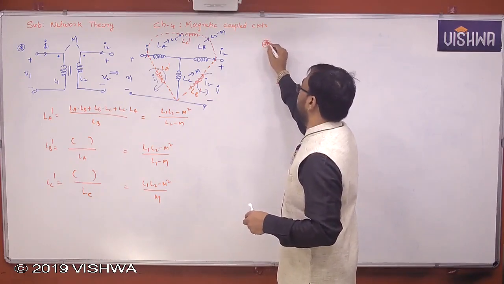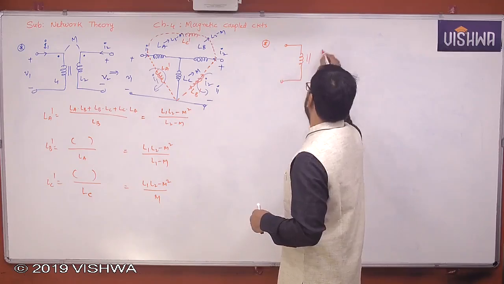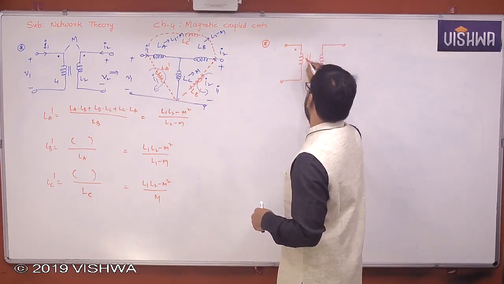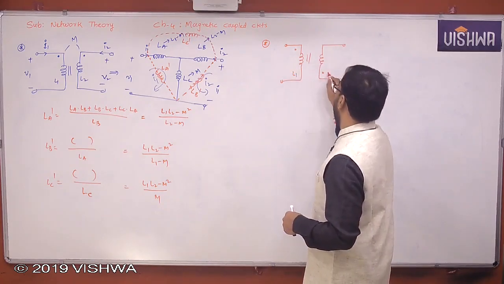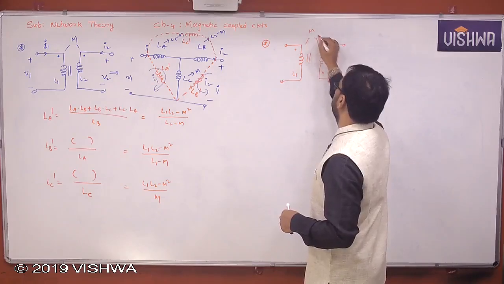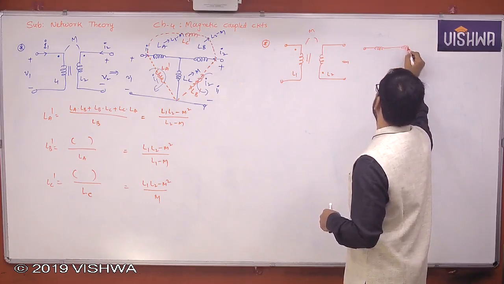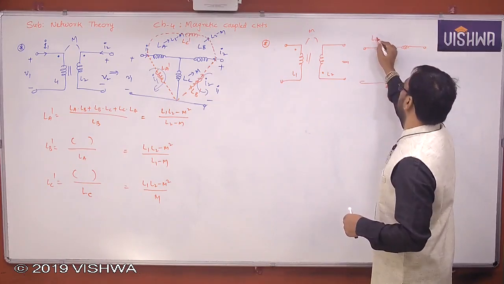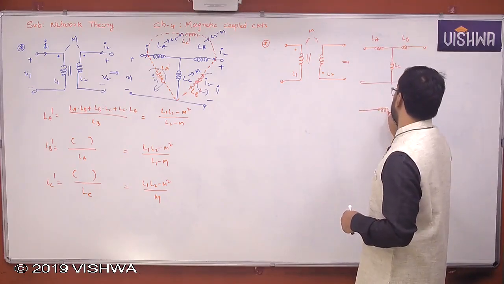For this case, if this is a dot and here is a dot, let us say, then this is L1, L2, M. Now the T model will become something like this. This is LA, LB, LC. And pi model is something like this.